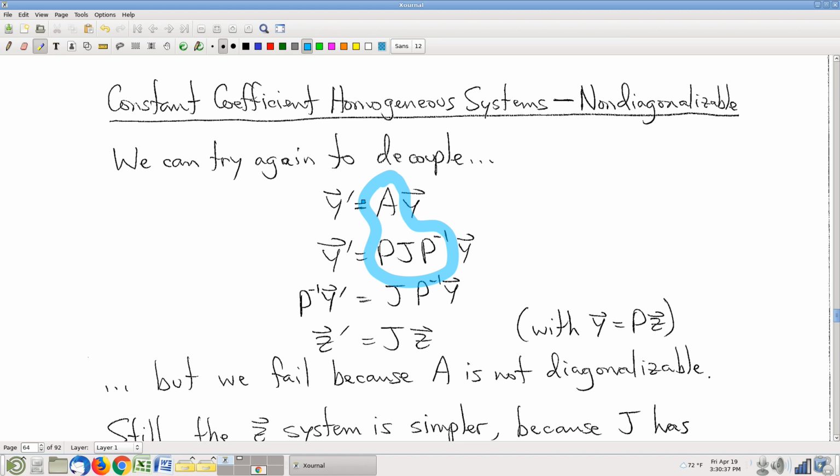This construction of a conjugation appears in math in lots and lots of places other than this. So this is, you might say, a template for a strategy that solves lots of problems, not just first order systems of constant coefficient equations. So this is a big deal for a lot of reasons. Definitely want to make sure you understand this.